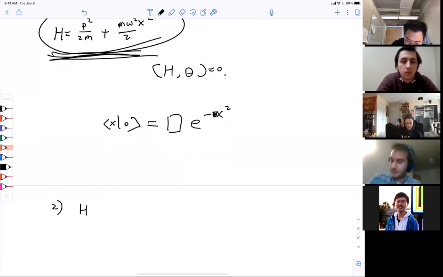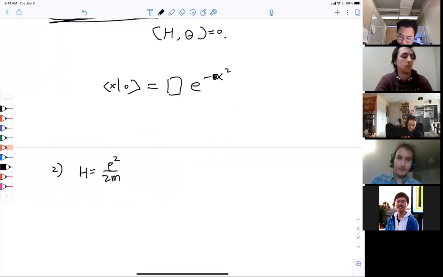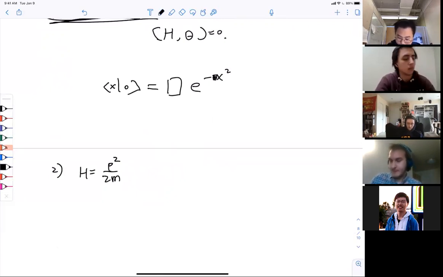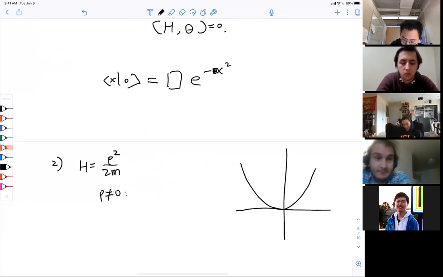Another example is H equals p squared divided by 2m, the free particle. In this case the eigenket is just the plane wave.